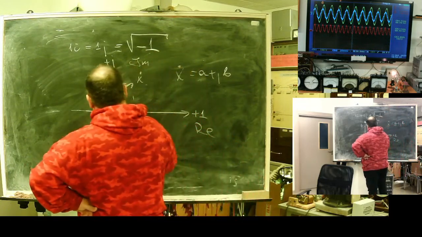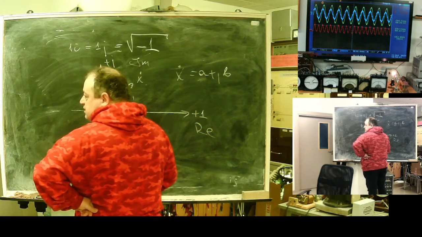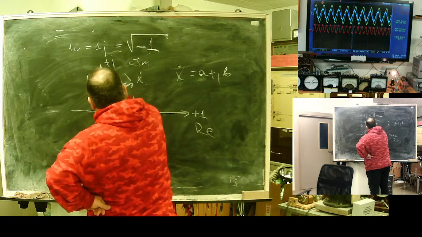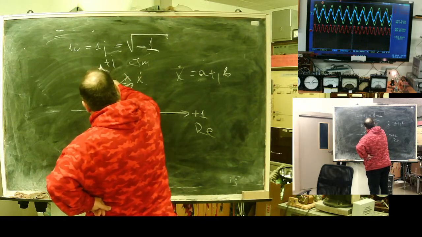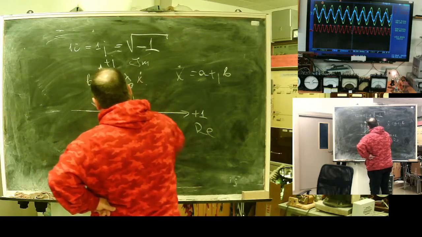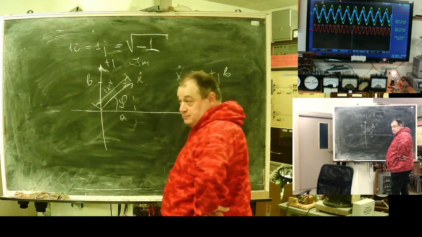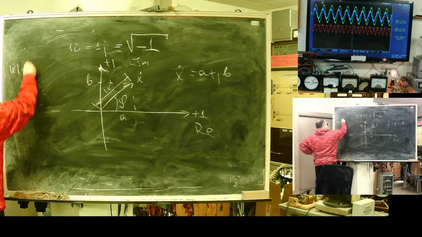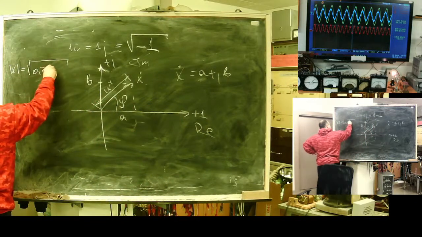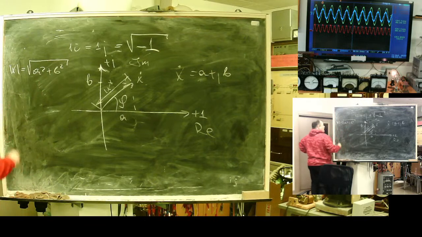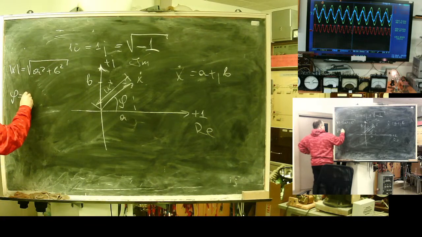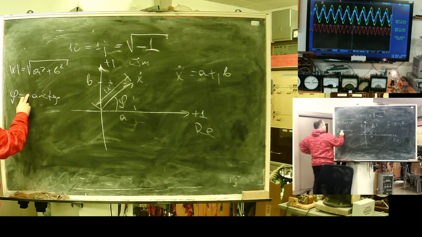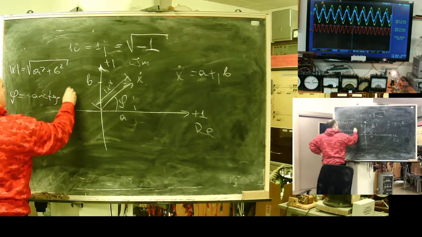The same thing I can represent in a different manner. I can use an absolute value and an angle. The absolute value will be the square root of a squared plus b squared, and the angle will be the arctangent of b against a.